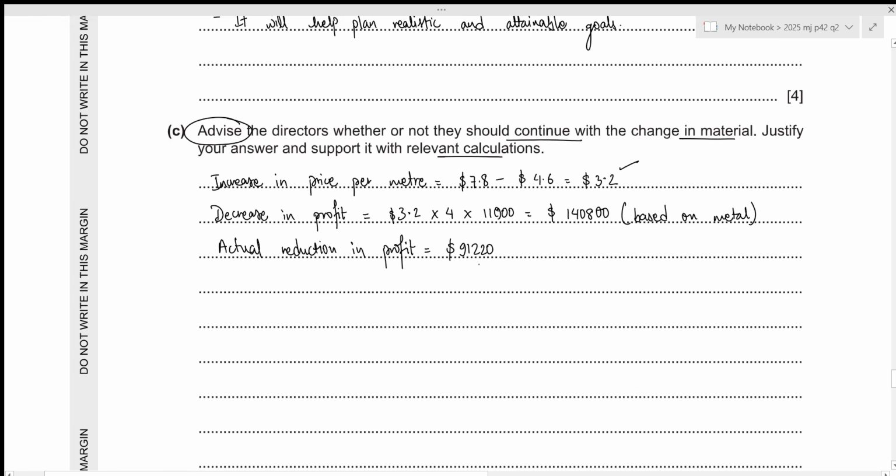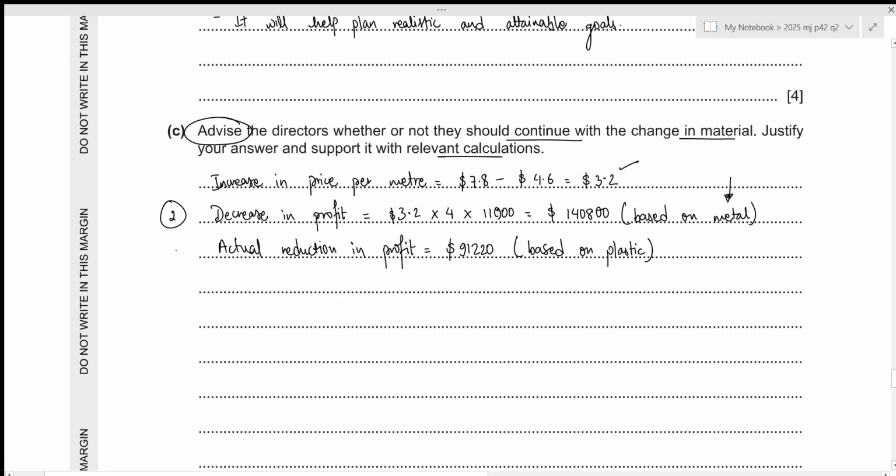So we can see that the actual decrease in profit is lower as compared to the decrease in profit that would occur if we still continued with metal, but this is based on plastic because we converted to using plastic as our material from the month of April. Now this will be all of our relevant calculations, and calculation marking will be 2 marks.